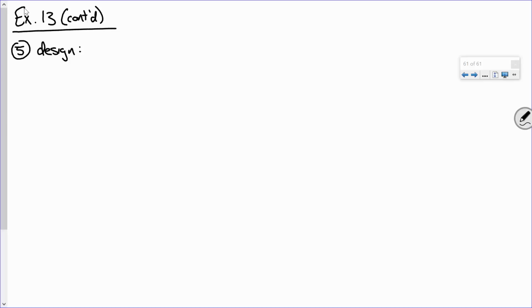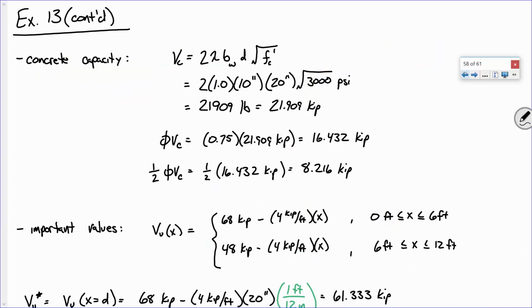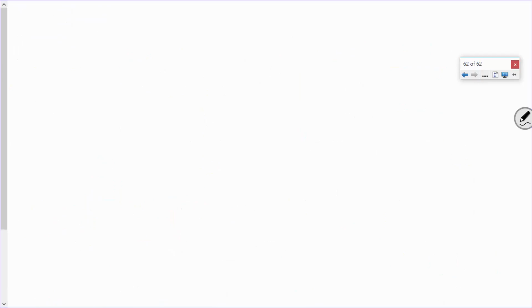So, start, yes? Right here. It's right there. The drop occurs right here. That's 6 foot. That's a good question. Yes. Because 6 times 12 is 72.